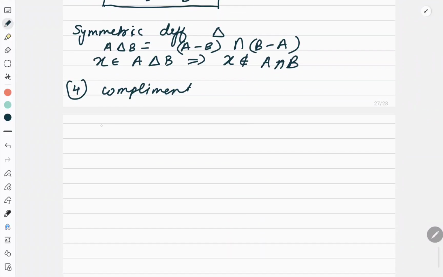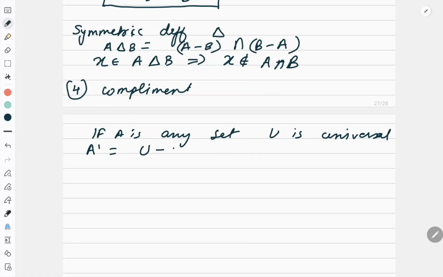If A is any set, and U is the universal set, then A complement is nothing but universal set minus A. In Venn diagram, if this is A, so this is A complement.